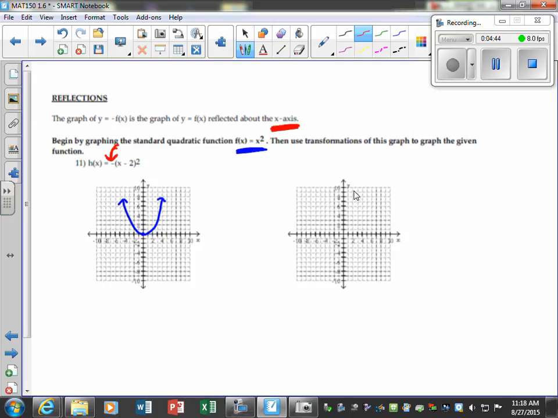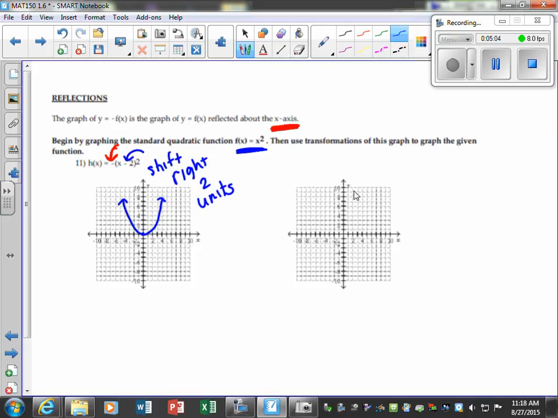So now I know by this reflection, this negative out front, that I want to flip this thing. But before I do that, let's determine what's going on here. This is in a grouping symbol, so that tells me to shift what? Right 2. Shift to the right 2.